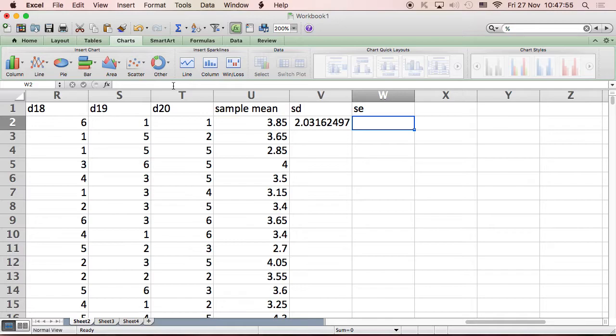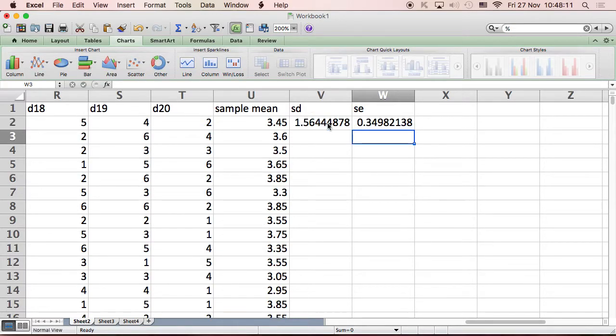And standard error is equal to the standard deviation divided by the square root of the sample size. Okay, in this simulation, the sample size is 20, so you got that?